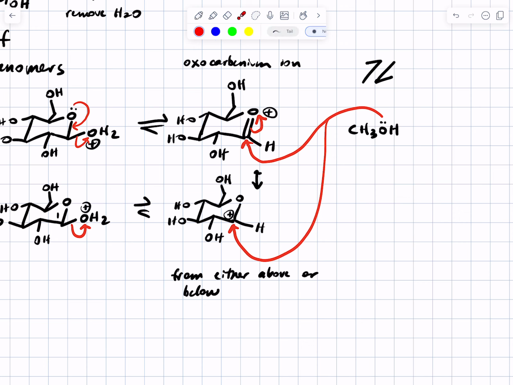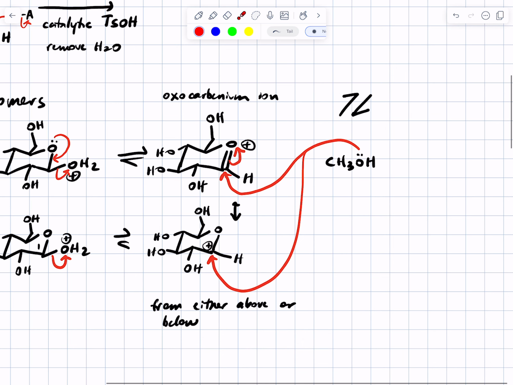Because the carbon, C1, is sp2 hybridized and planar, attacking from above or below should happen with similar frequency. Now, the top face of this cation is different from the bottom face of this cation because of the stereocenters at C2, 3, 4, and 5. In other words, a nucleophile approaching from the bottom doesn't see exactly the same things as it does when it's approaching from the top, so there can be a preference for attack from the top versus the bottom.